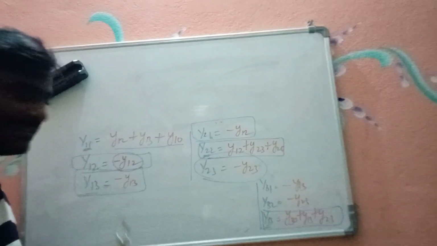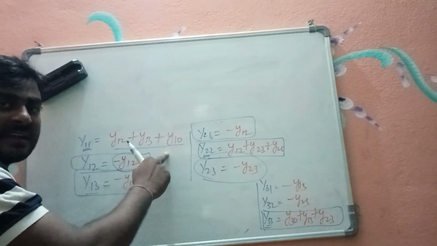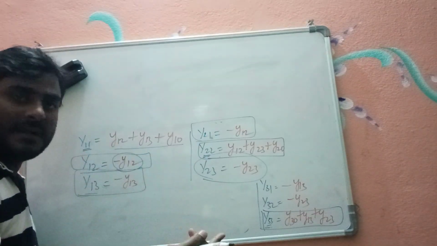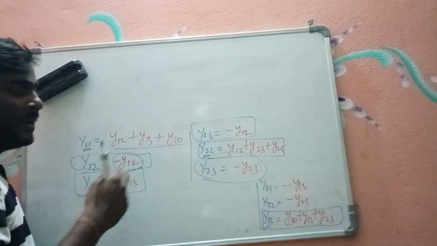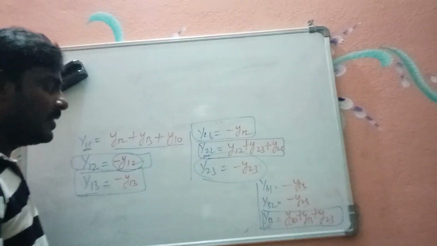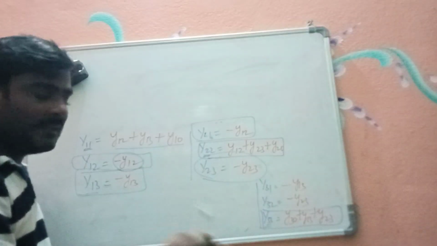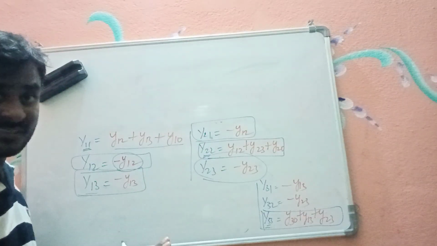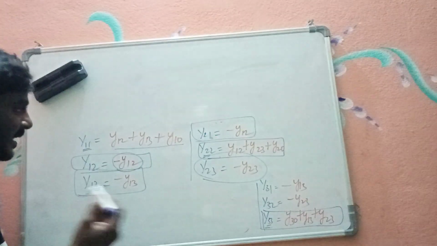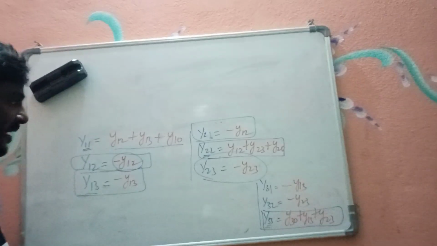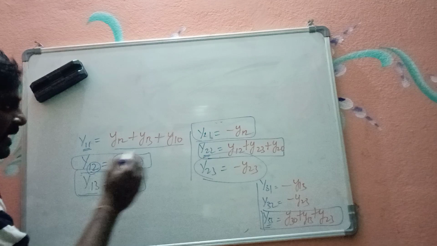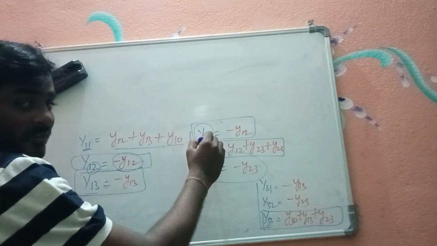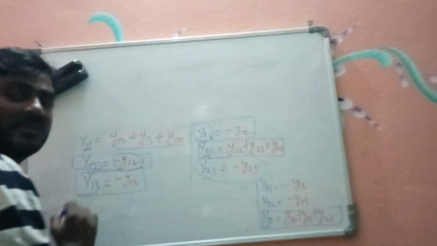The one fact is, in order to obtain diagonal elements, you need to add all the admittances that are connected to that particular bus. In order to get off diagonal elements, we need to keep the negative sign for the given actual admittances. And in addition to that, what we need to observe is that Y12 is first row second element, Y21 is second row first element, both are of the same value.